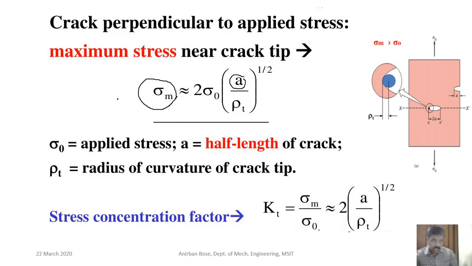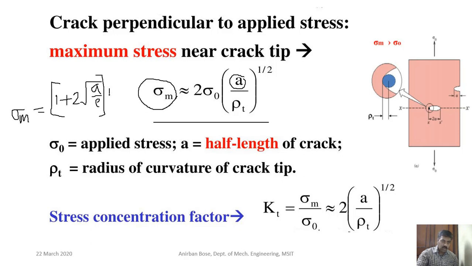The formula is like this: sigma m is equal to 1 plus 2 into the square root of A by the radius of curvature, into the nominal stress. This is the formula for finding the maximum stress.